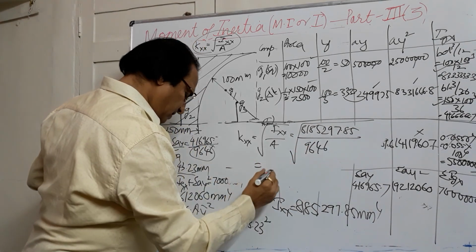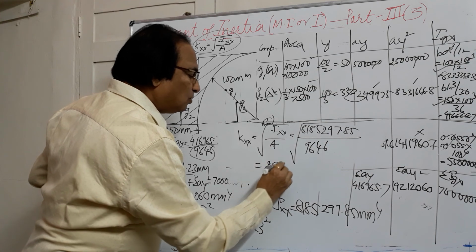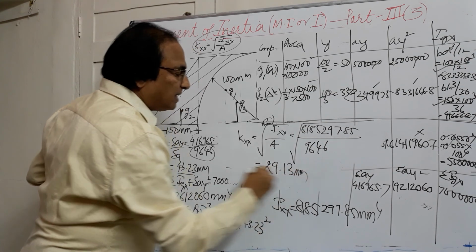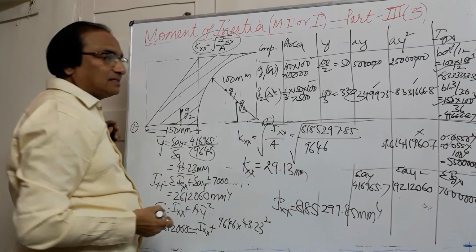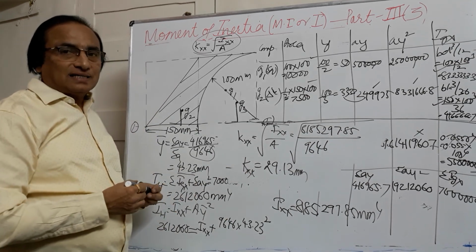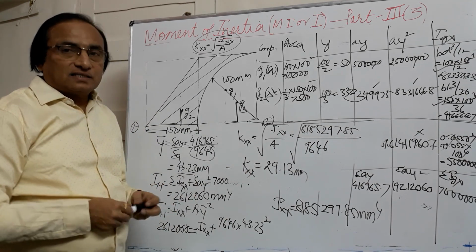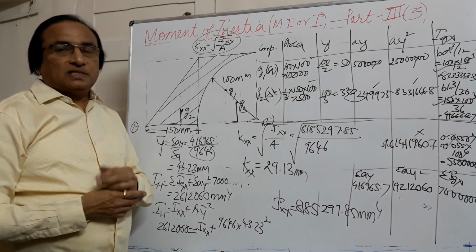If you simplify this, you get 29.13 mm. So this is the radius of gyration about the x-axis. So you have to find Ixx, then go for Kxx. We'll take up some more problems in the next video.